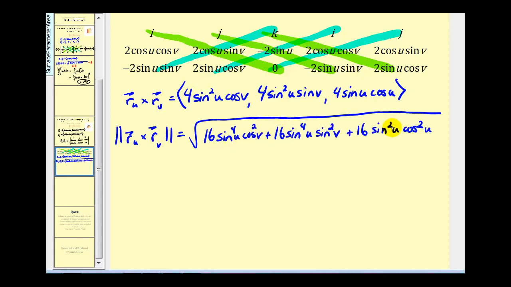Now we're going to end up factoring this to simplify. Looking at these first two terms here, if we factor out the common factor of 16 sine to the fourth u, we'd have cosine squared v plus sine squared v, and that's going to give us 1. So these two terms simplify to 16 sine to the fourth u.